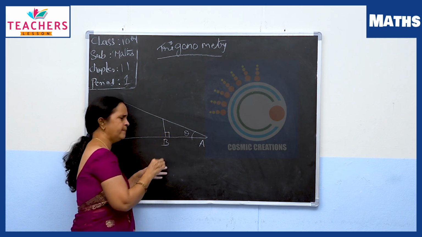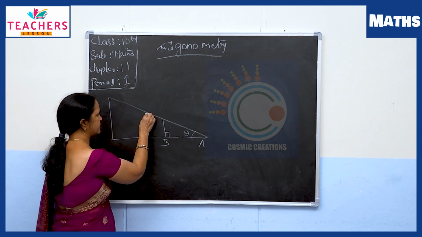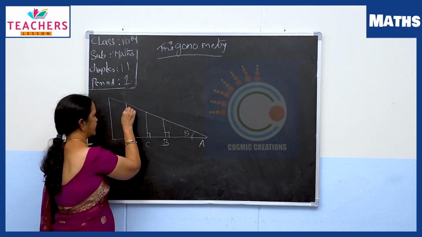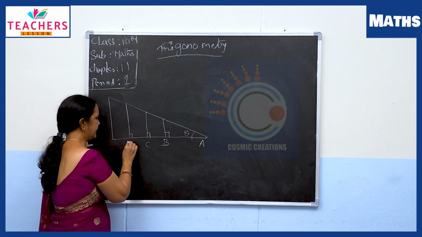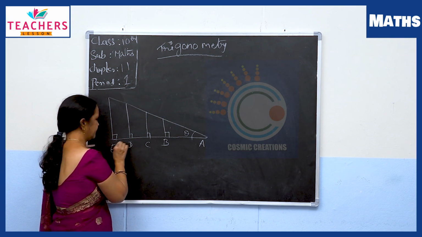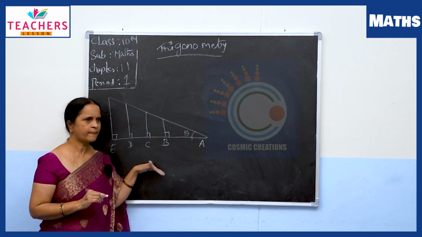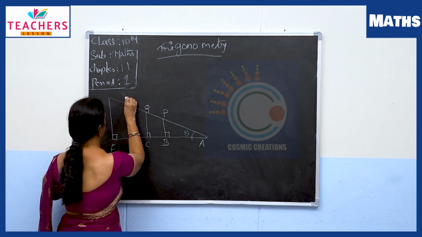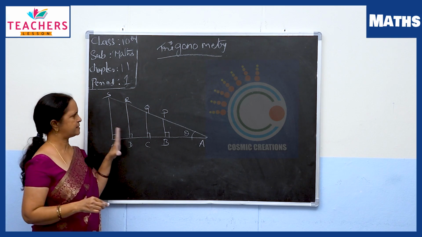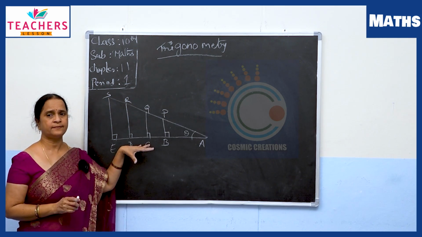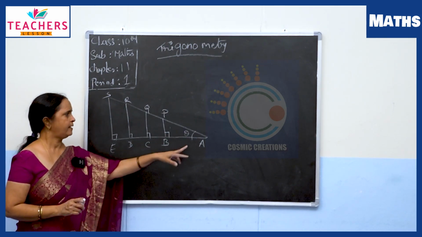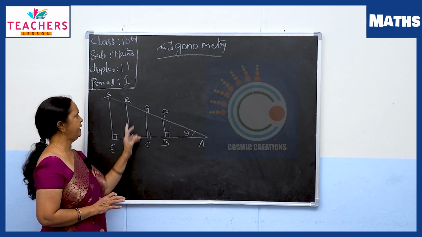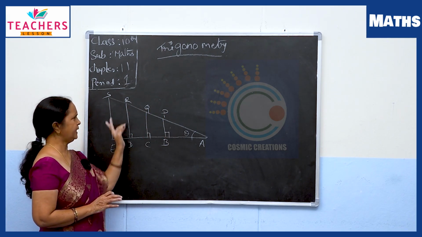Here C, D and E. I am writing here P, Q, R and S. How many triangles are formed here? 1, 2, 3: ABP, ACQ, ADR and AES.